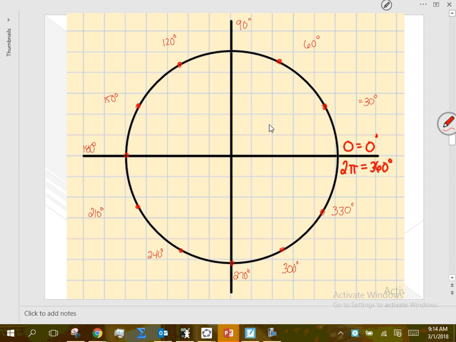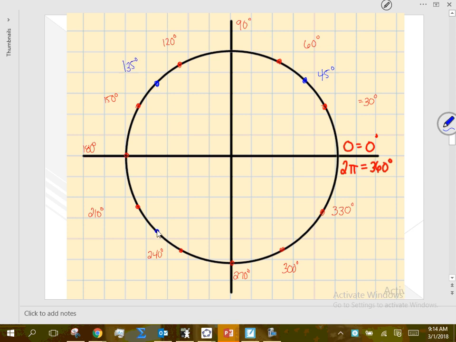All right, can you count by 45s? 45 degrees. Add 45 gets me to 90 again, right? Add another 45, that would give me 135. Add 45 gets me to 180.